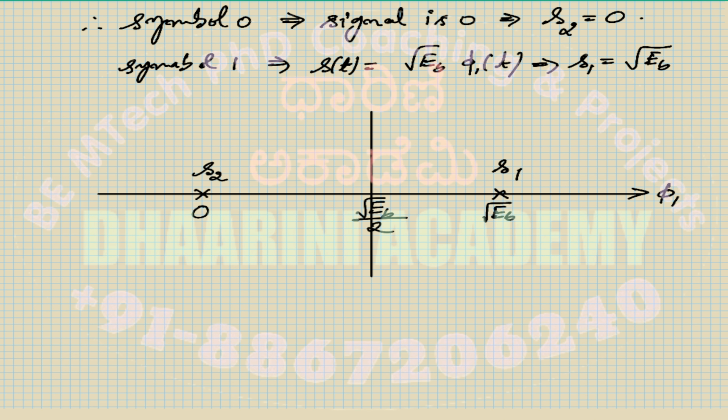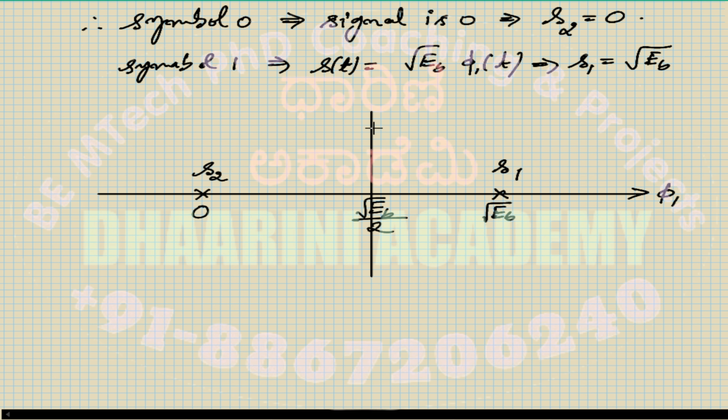Now we understand that anything that comes on the right side of this will be, it's actually on the receiver side. Okay, so on the receiver side, if you get any point which is on the right side of that, it will be classified as symbol 1, right? And anything that comes on this side, you will call it symbol 0, right?